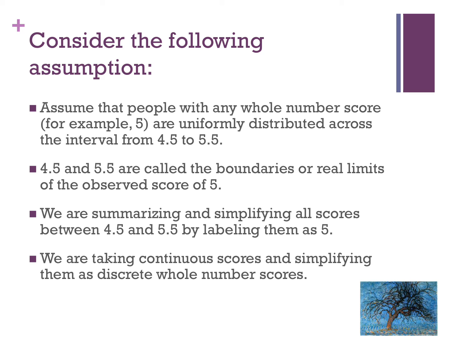We're summarizing and simplifying all scores between 4.5 and 5.5 by labeling them as 5. We are taking continuous scores and simplifying them as discrete whole number scores.